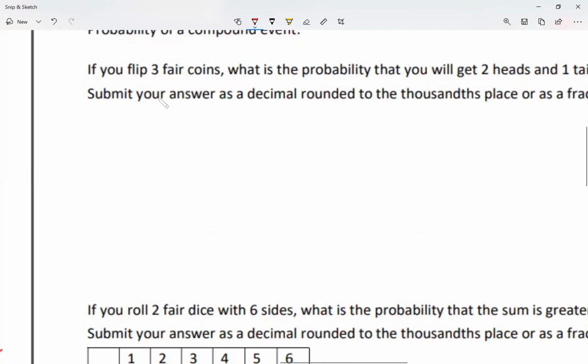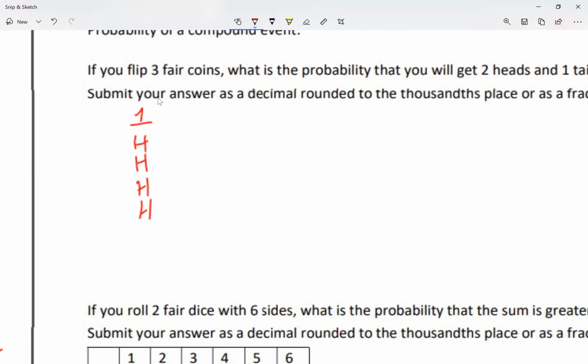So this is what we're going to do. Let's say my coin number 1. I get 8 possible outcomes, right? Let me do half of it. So four of them are going to be heads: head, head, head, head, tails, tails, tails, tails.